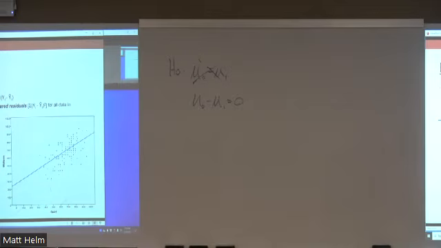Plug in 0 for x. So it'd be almost 24, right? If I just plug 0 in there, all I'm left with is our intercept. It's the expected value of my outcome when my predictor is equal to 0.